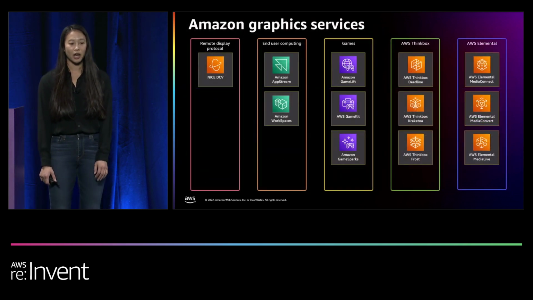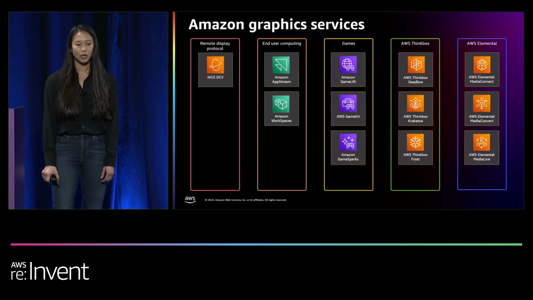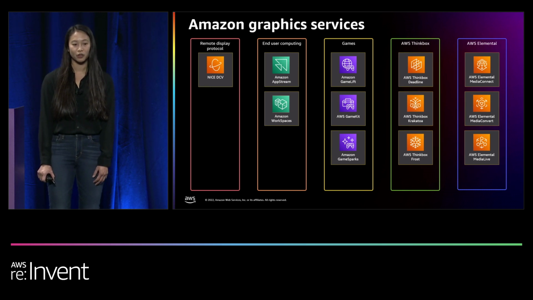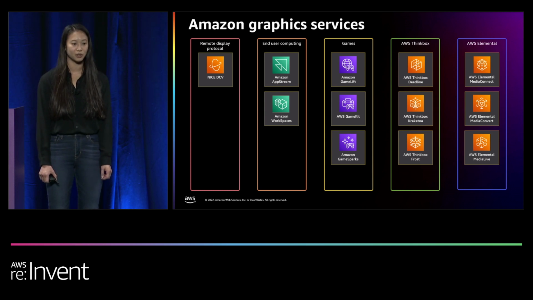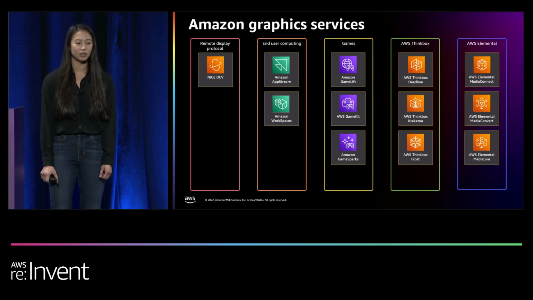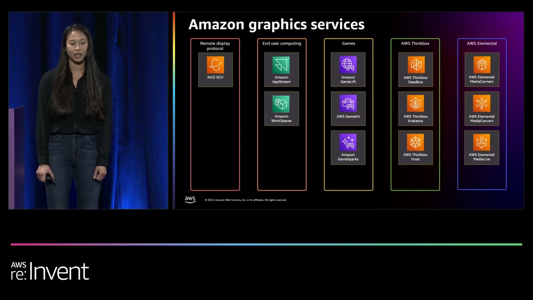In addition to our broad portfolio of EC2 instances that are optimized for graphics workloads, we also offer a wide range of other Amazon-built services to help support graphics customers. Firstly, we have NiceDCV, which is a high-performance remote display protocol that provides customers with a secure way to deliver remote desktops and application streaming to their end users.